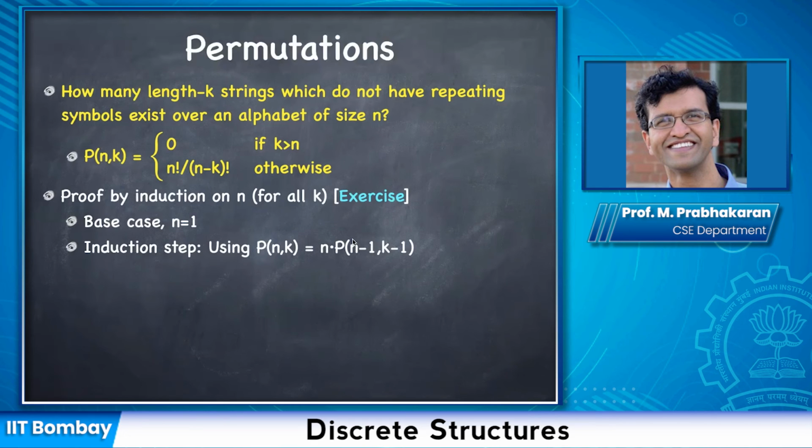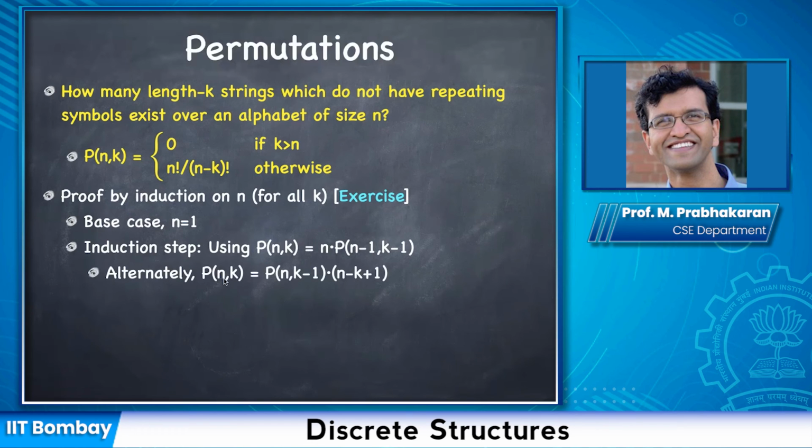So it's a permutation of length k minus 1 from an alphabet of size n minus 1. And there are P(n minus 1, k minus 1) ways of constructing such a permutation. So you first pick a character for the last position in n ways, and then you pick a compatible permutation for the first k minus 1 positions in these many ways. And by induction, you would already have the expression for P(n minus 1, k minus 1), so you can plug it in and verify this holds.